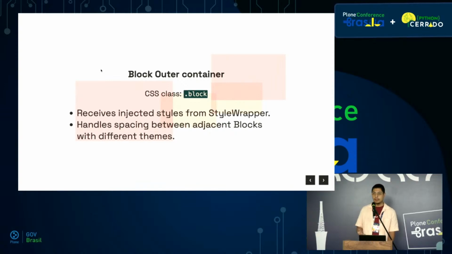What's the job of this element? It receives the injected styles from the style wrapper, and it handles the spacing whenever the adjacent blocks have a different theme. In the Volto Light Theme talk, I showed how the themes are handled these days, and all of this is used to create an automatic system about blocks and their adjacent blocks if they have a different theme.